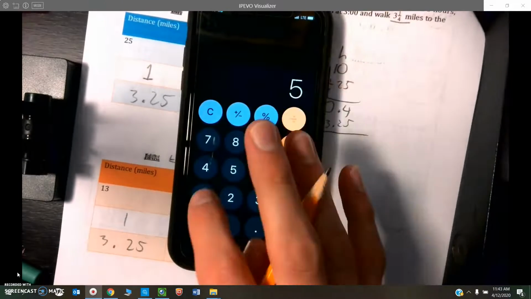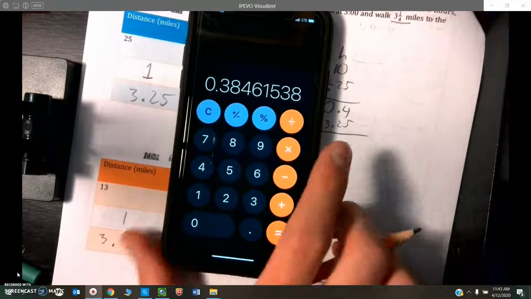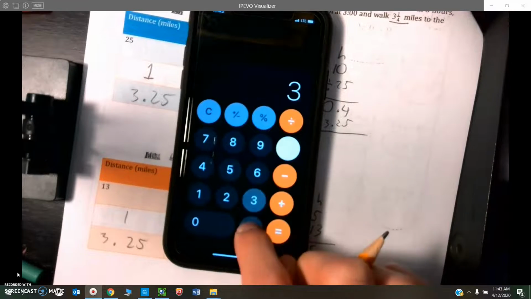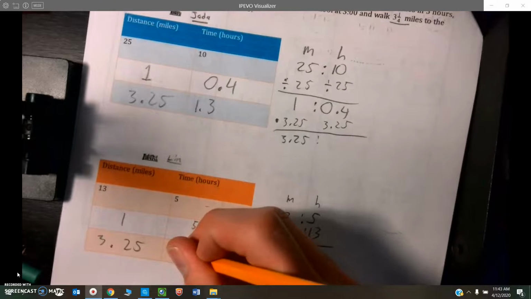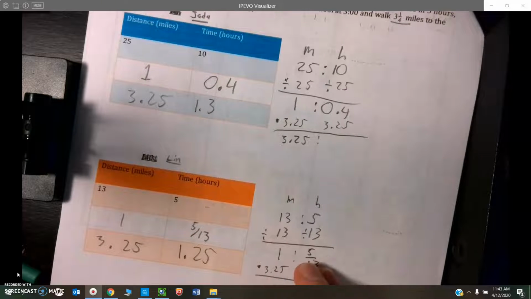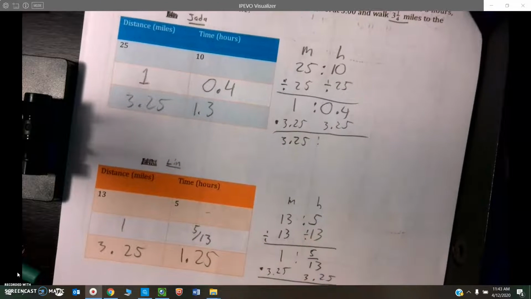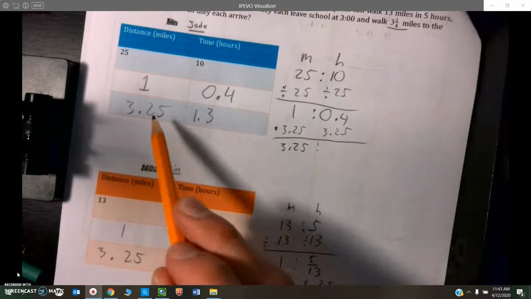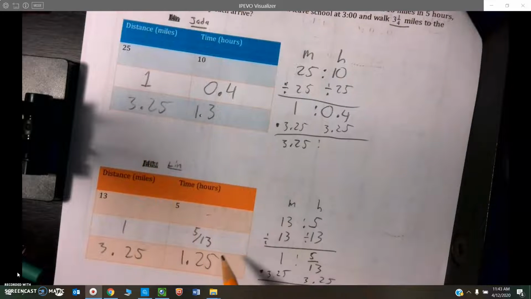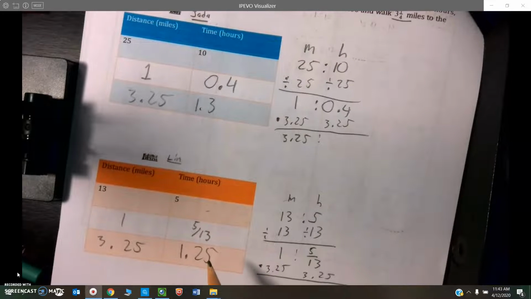And then I'm going to turn this back into a decimal and multiply that by 3.25. I get 1.25. Okay, awesome. So I know that it takes Jada 1 3/10 hours to walk to the library, and it takes Lynn 1 25/100ths hours to walk to the library.